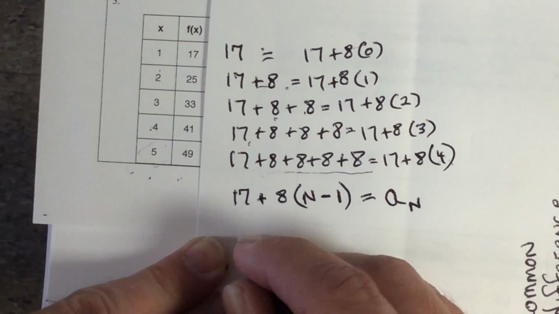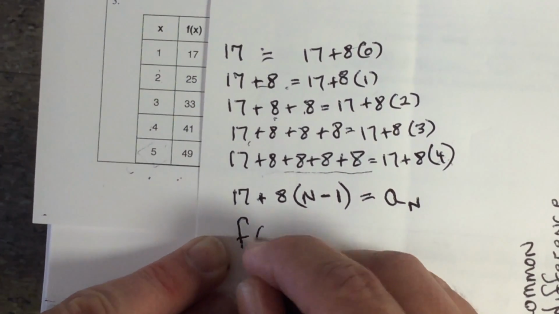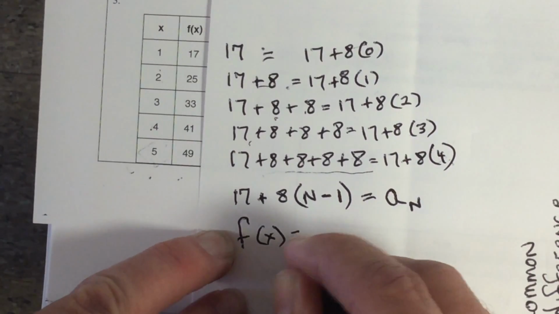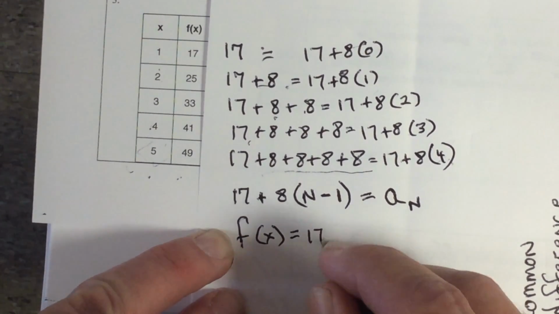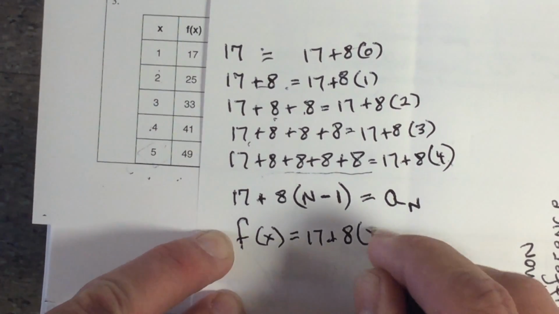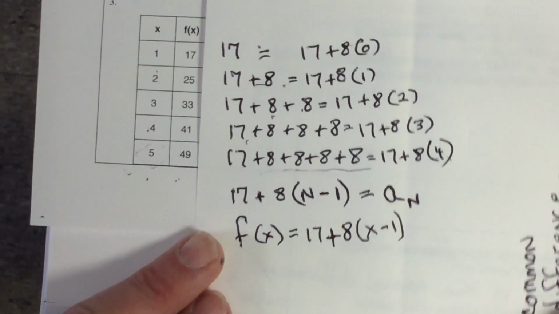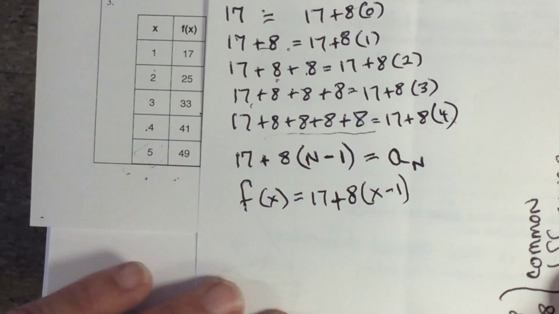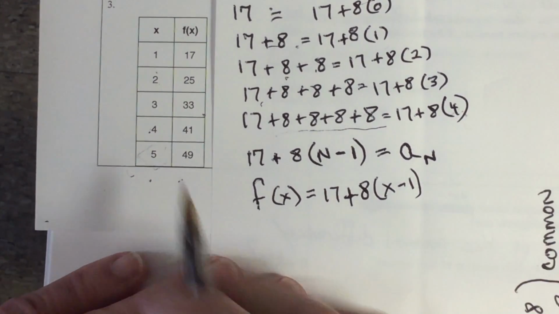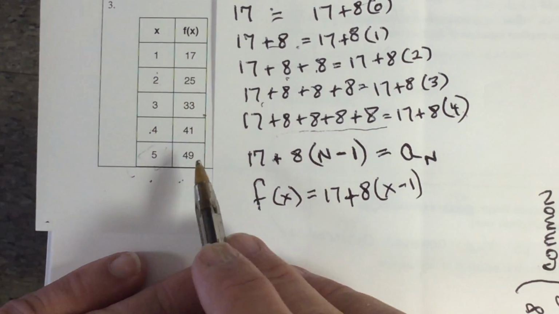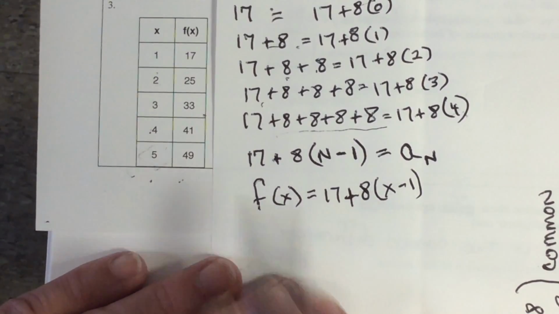Or if I wanted to write it in function notation, f of x is equal to 17 plus 8 times x minus 1. What does that mean? It means I now have an equation that will work to find out what this column has if I know what this column has.